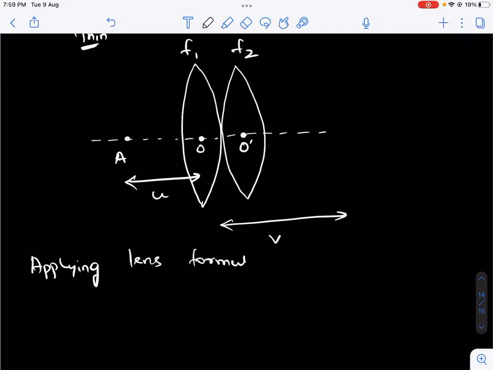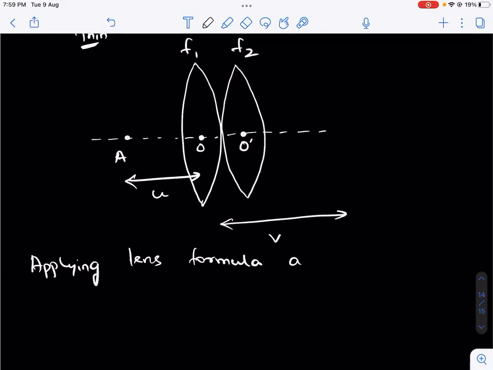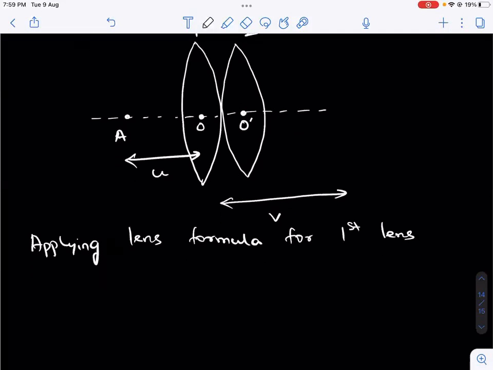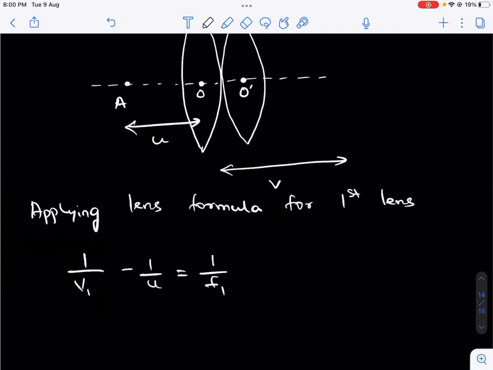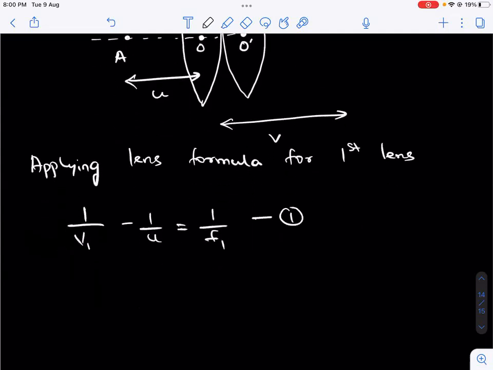Applying lens formula, not lens maker's formula, lens formula for the first lens, what can I say? 1 by v1 minus 1 by u is equal to 1 by f1. So this is equation 1.